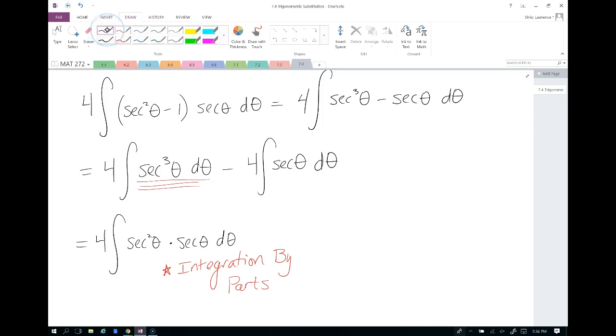With this case, we're going to want to let u equal secant because it's very easy to find the derivative for secant. And I'm going to let dv equal secant squared theta d theta because it's very easy to find the antiderivative of secant squared. In order to set up our integration by parts formula, we need to find du and v. So the derivative of secant is secant tangent.